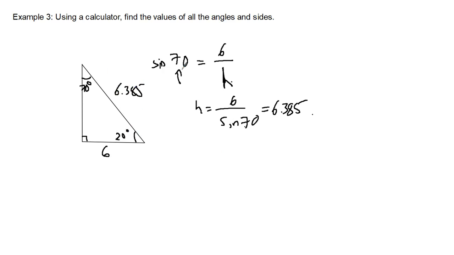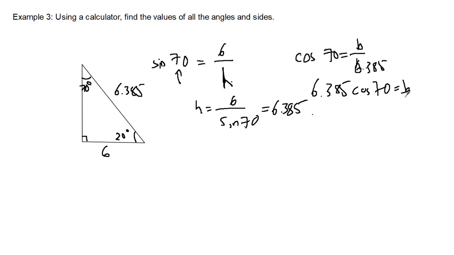And in order to figure out the other side, we just use cosine, right? So cosine of 70 is equal to b over h, and we already know our h is about 6.385. So we can plug that in, and 6.385 multiplied by cosine of 70 is equal to b.